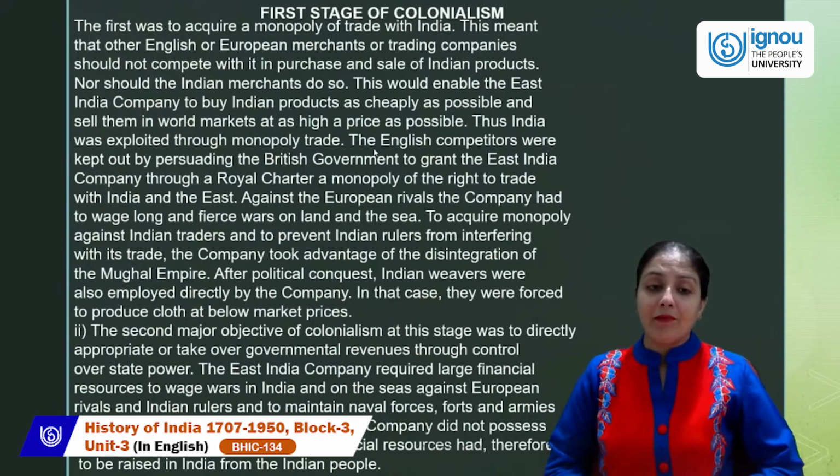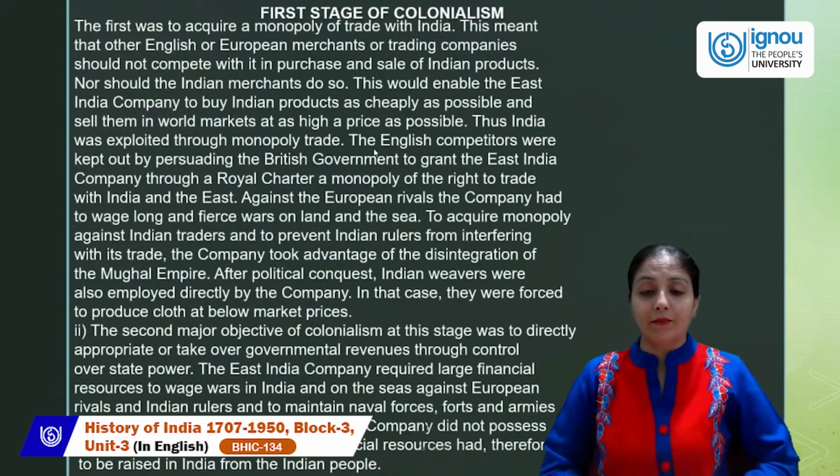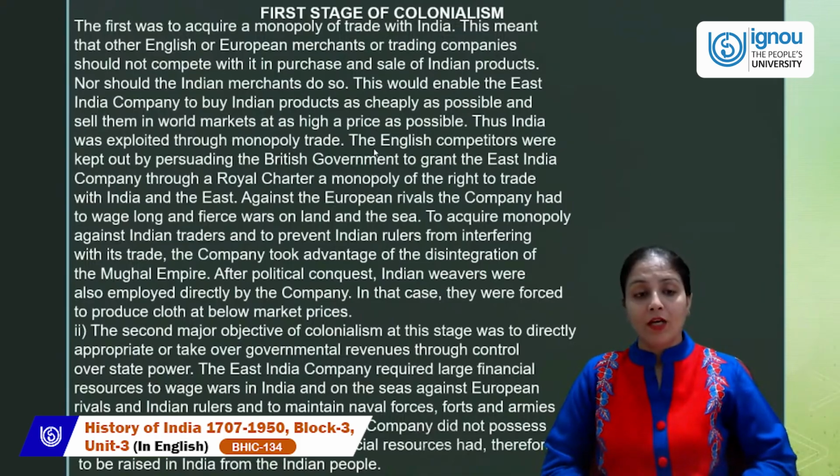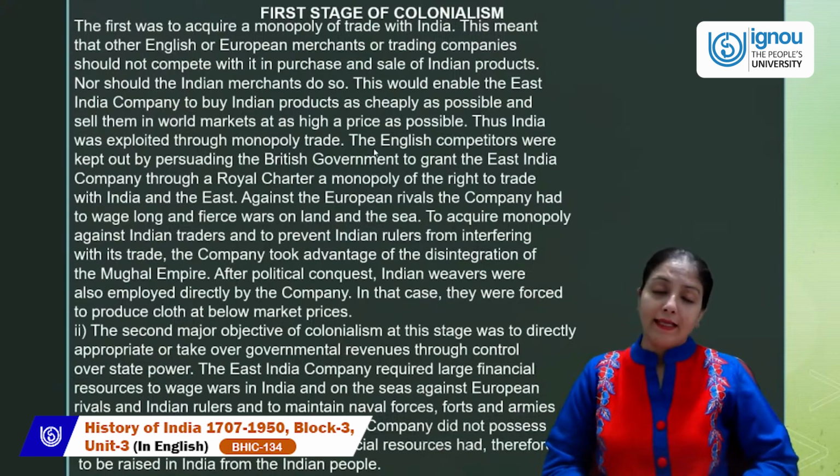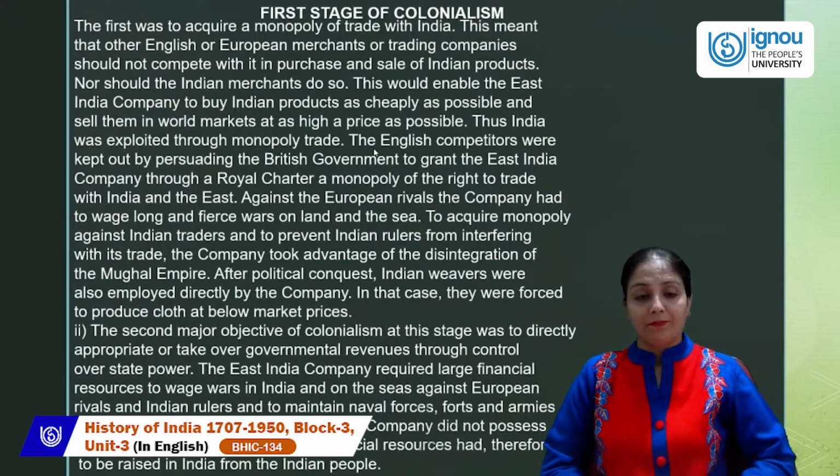Next, the second major objective of colonialism at this stage was to directly appropriate, or take over, governmental revenues through control over the state. It means they had control of the state and the revenue powers to collect.